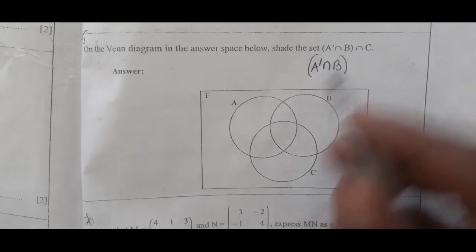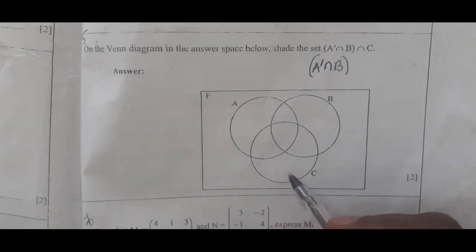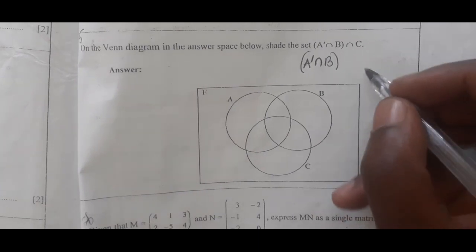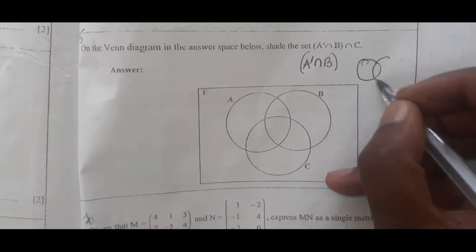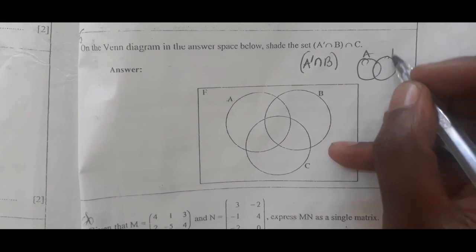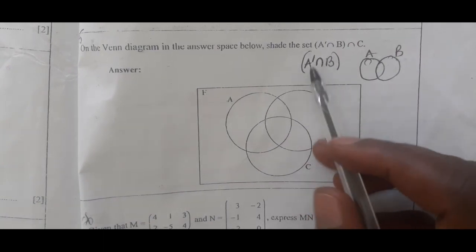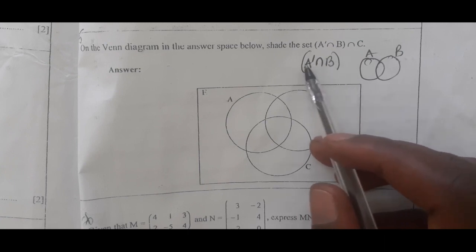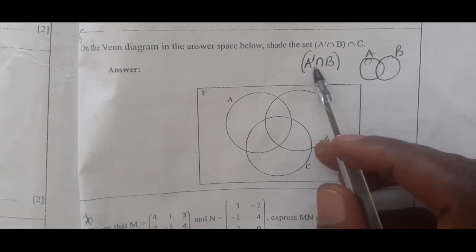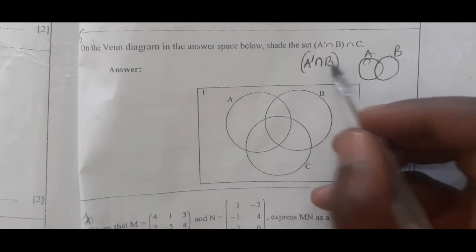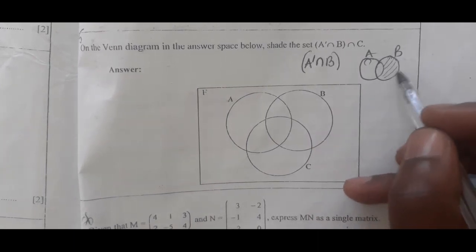If I can just take an example, if we have these two sets here, A and B, then we want to shade this set, where we are looking at these two sets. We are saying what is not in A but is there in B, so it's this part here.